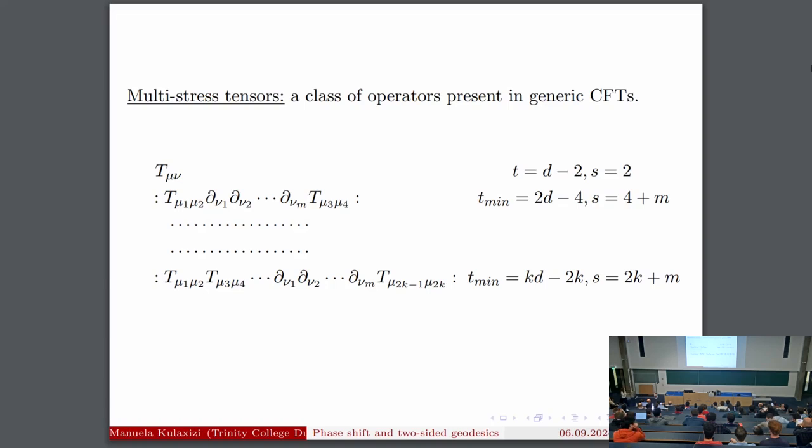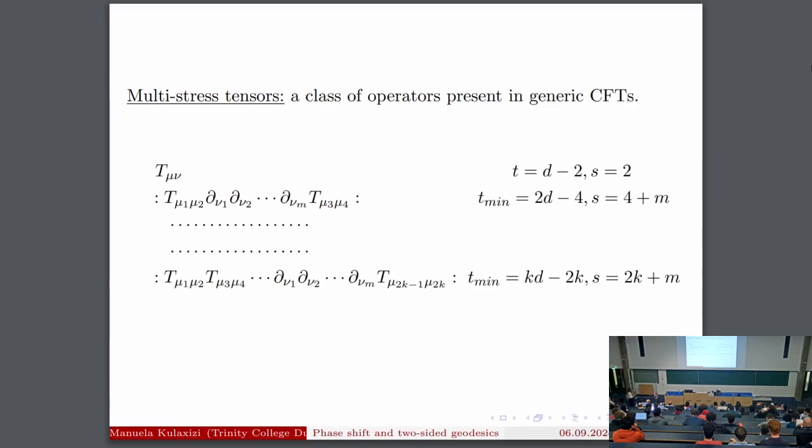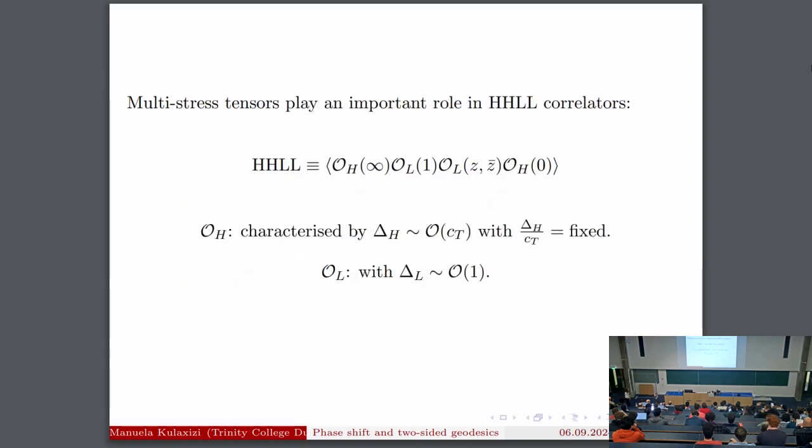You see that I don't have explicit boxes in between. That's not because I'm considering different structures, but I just want to mean that here we are implicitly implying, in each of the series, all the possible contractions that we can make. And here I just denote the minimal twist of each of these series of operators that you find.